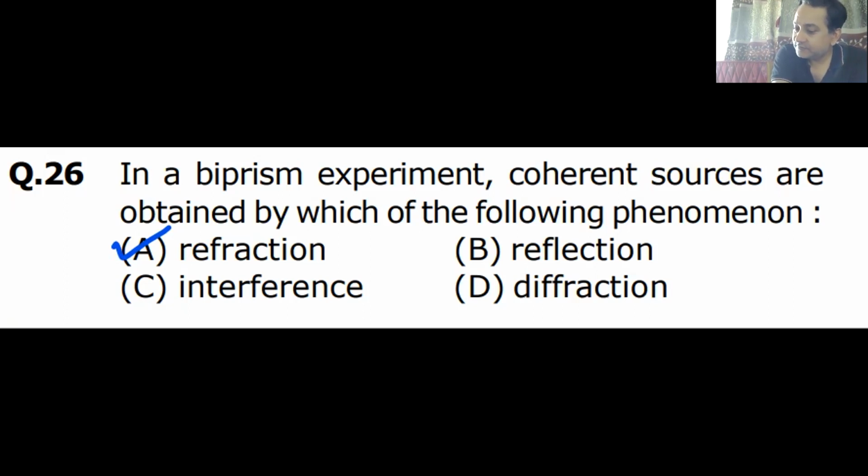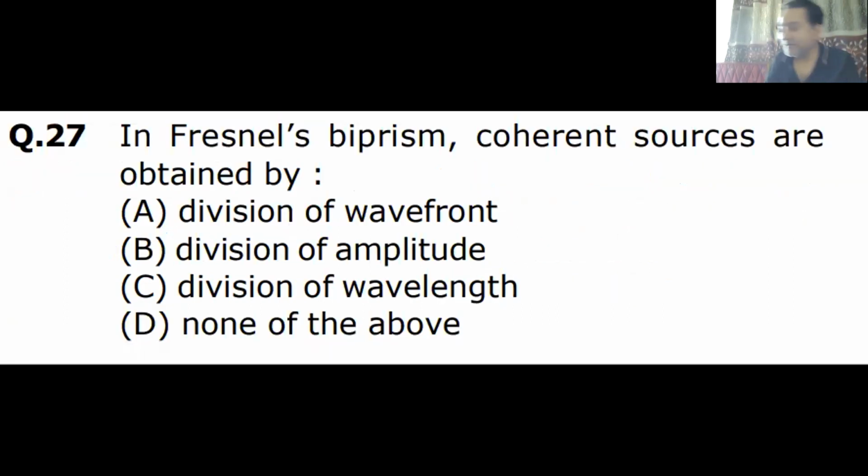But then comes the next one, and let me see whether you have understood this or not. In Fresnel biprism, coherent sources are obtained by, again, I told you there are two ways to obtain coherent sources: division of wavefront, division of amplitude. Division of wavefront, division of amplitude, division of wavelength, none of the above.